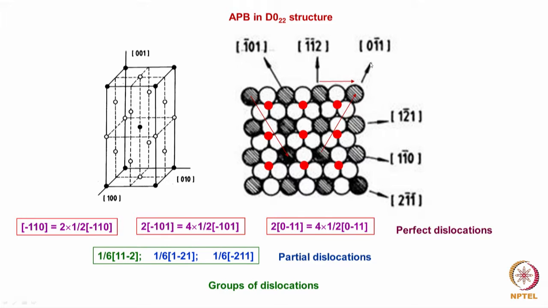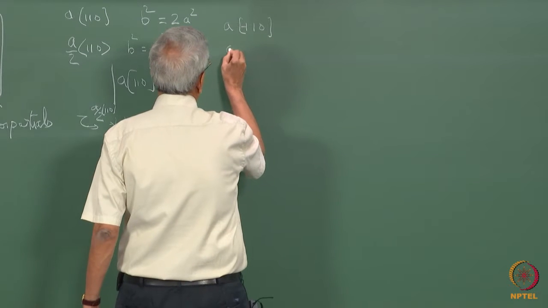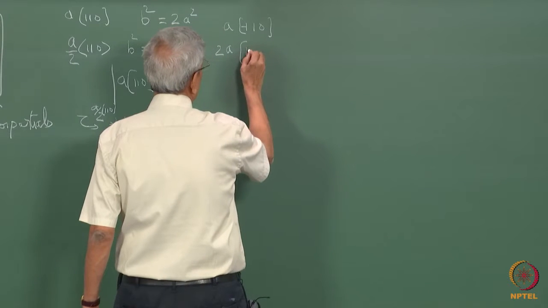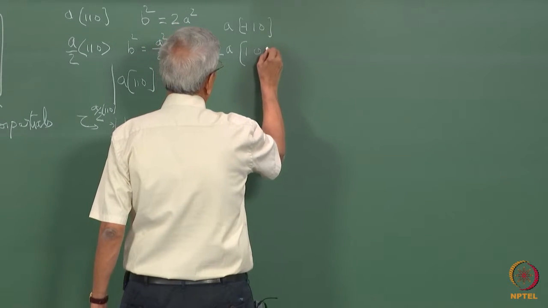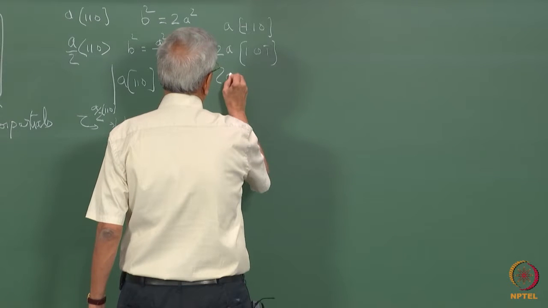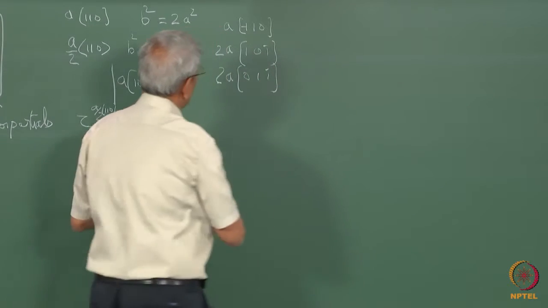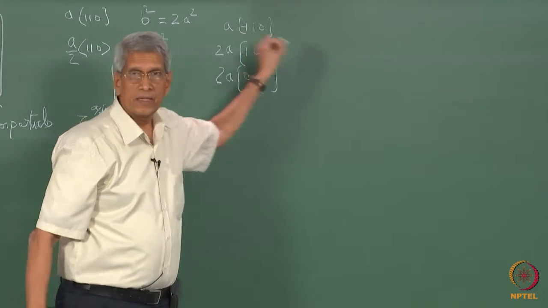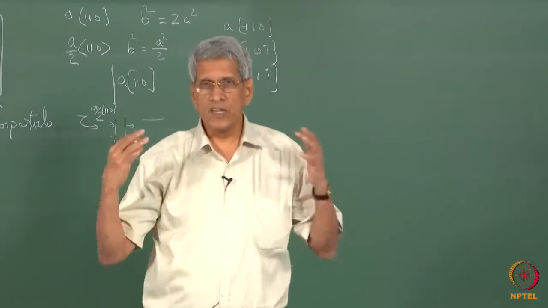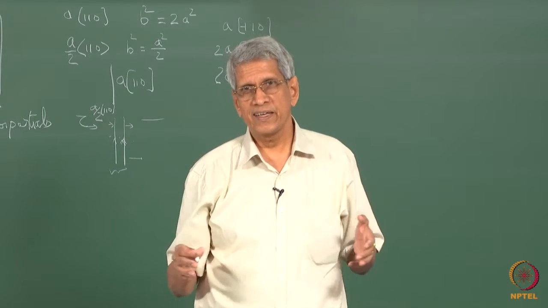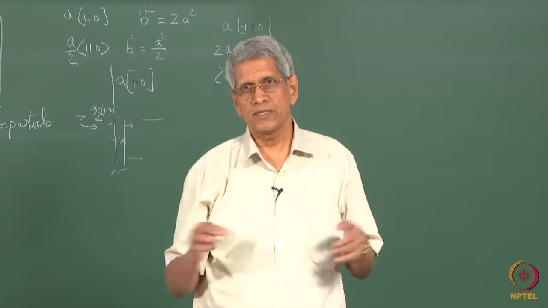That is, in one case it is a/2 <1 1 bar 0>, in another case it is twice a/2 <101 bar>, <011 bar>. That is, in these two directions the Burgers vector of the dislocation is extremely large. All these dislocations will try to split into partials.